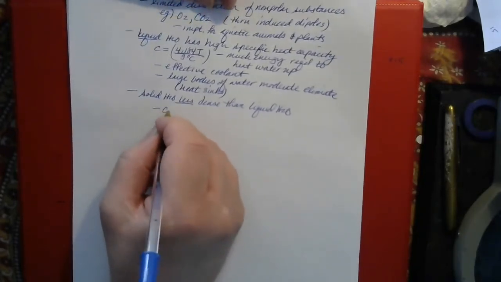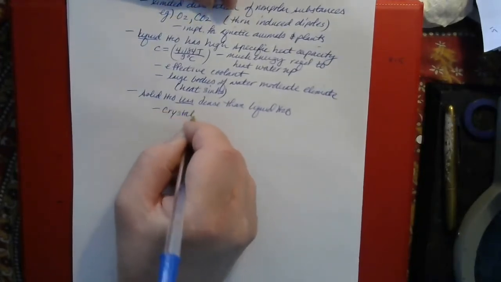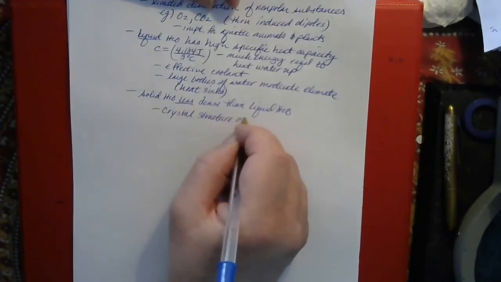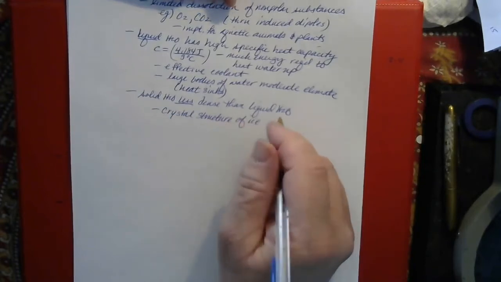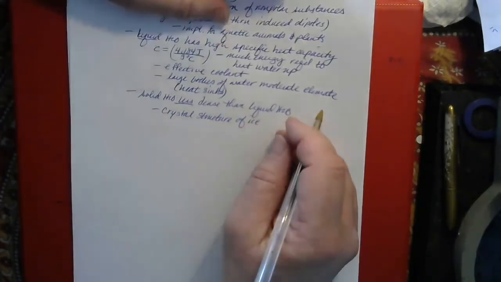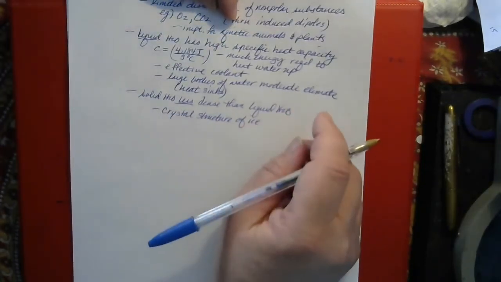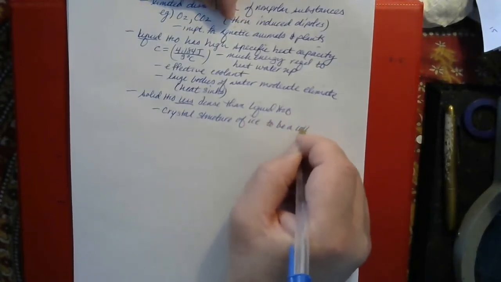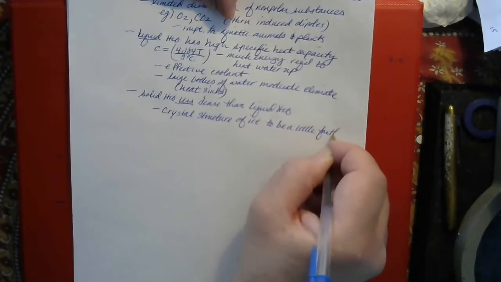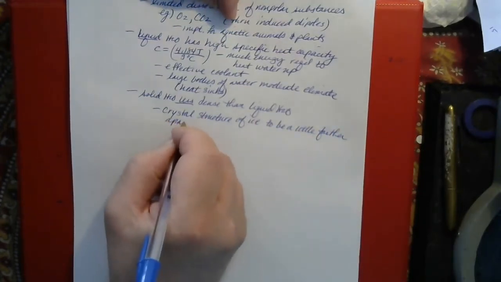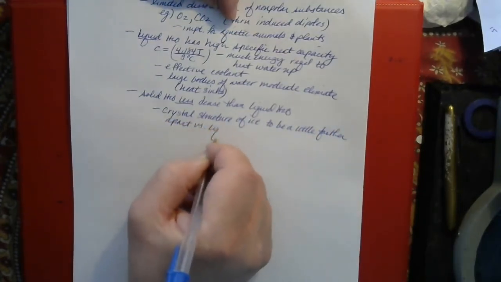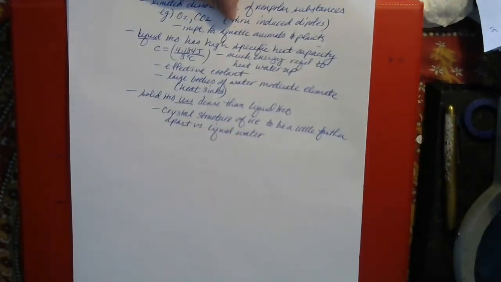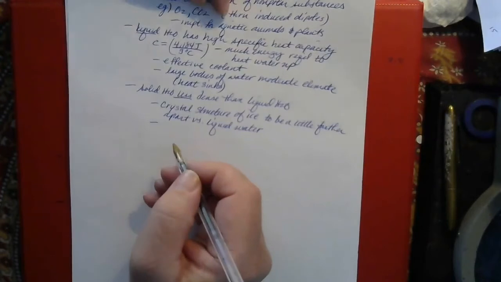This is because the crystal structure of ice requires the molecules to move a little bit further apart than they normally are in liquid water. And this has some pretty significant consequences also.